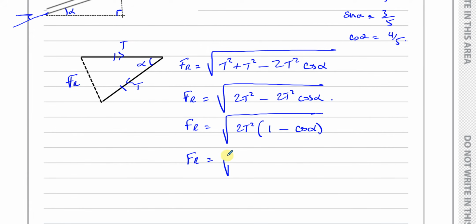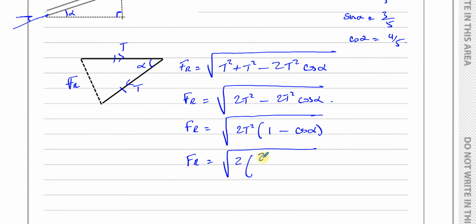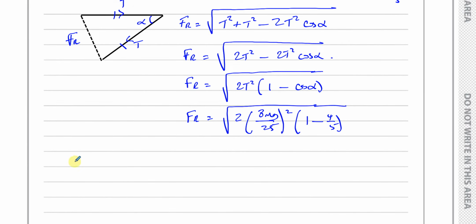I have the square root of 2 times T squared, and T is 8 mg over 25, so that is 8 mg over 25, squared, times 1 minus cosine alpha, which is 1 minus 4/5. Now 1 minus 4/5 is 1/5. So I have the resultant force is equal to, that's 2 times 64.